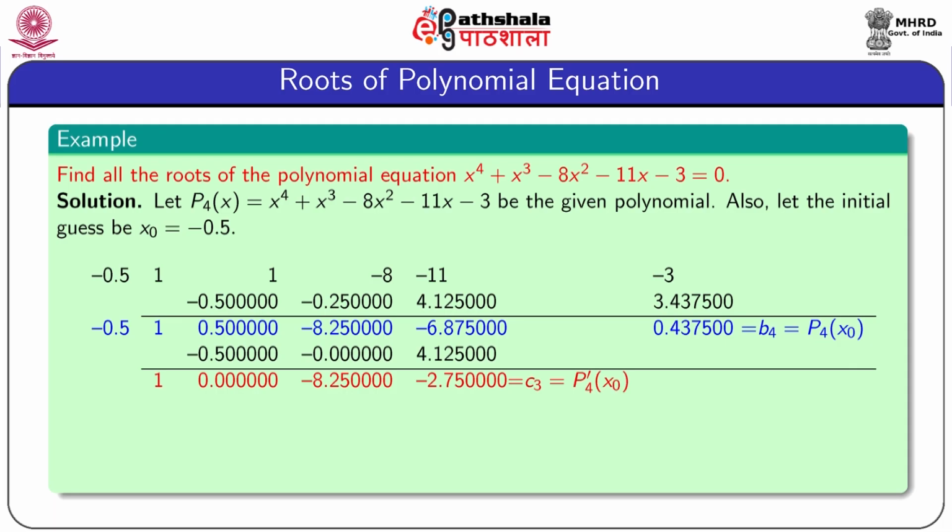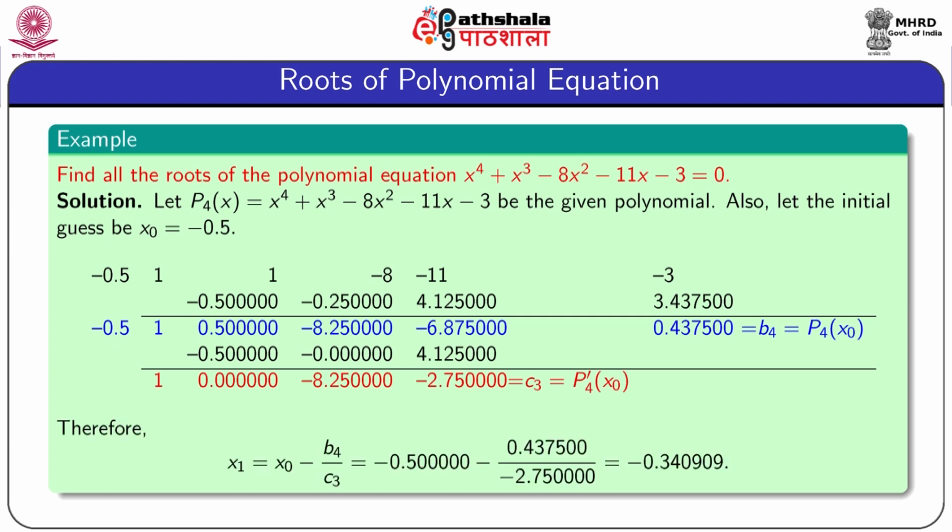Similarly, the values of c's are obtained by the similar process which is applied in the table, and the values of c's are 1, 0, minus 8.25, minus 2.75. So, these values give the reduced polynomial q(n minus 1), and the last value of c, that means the value of c3, is the value of p4 dash at x0.